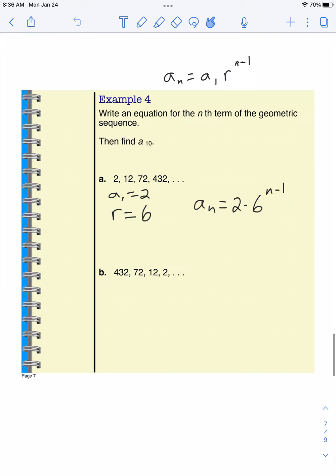And then to actually find that nth term, I need to know what term I'm looking for. Notice it tells us in the example a sub 10 means the 10th term. I'm looking for the 10th term. So we're going to write a sub 10 equals 2 times 6 to the power of 10 minus 1.